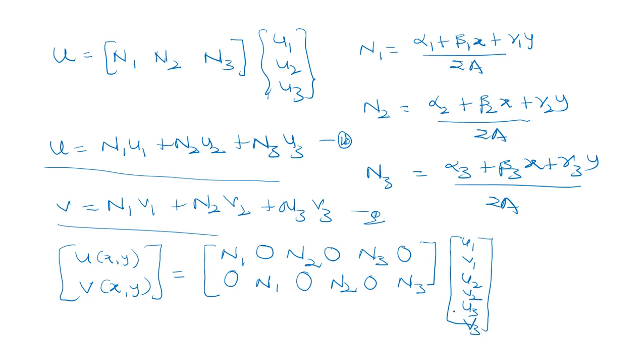Then you get an idea. Whatever we have written in these u and v equations, we are just simplifying, or trying to write in the matrix form here. The displacement components u, v at a particular point is equal to this shape function matrix multiplied with its displacement vector: u1 v1 u2 v2 u3 v3.